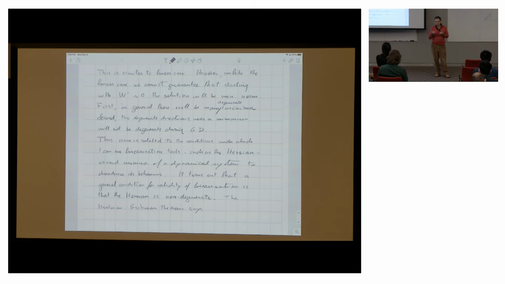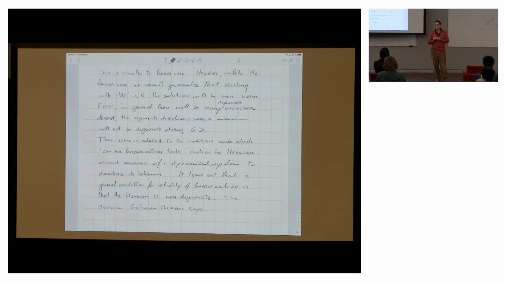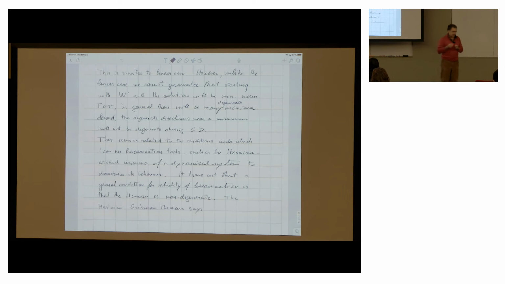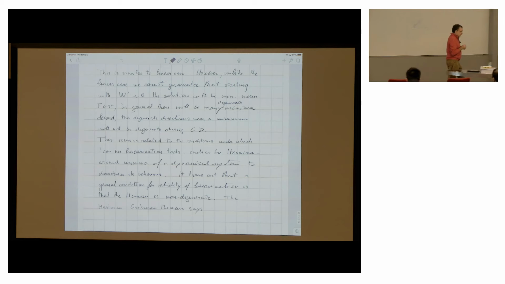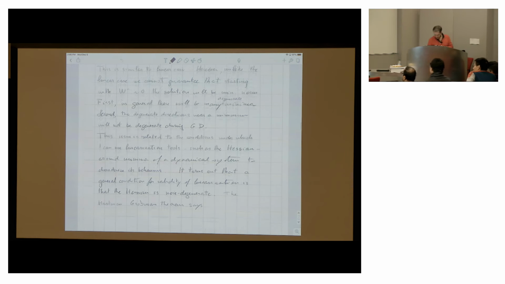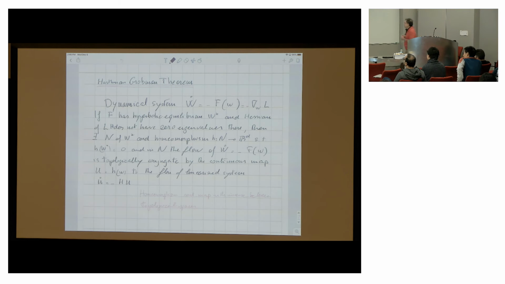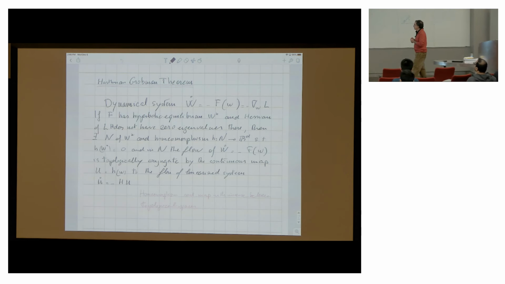So the intuition is around the minimum. What matters is really the linear approximation, the first terms in a Taylor approximation of the function close to a minimum, for describing what's happening at the minimum. But there is a rather general result called the Hartman-Grobman theorem, proved probably 50 years ago or so.